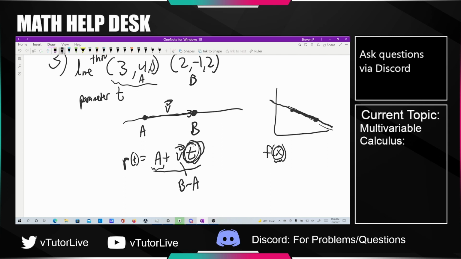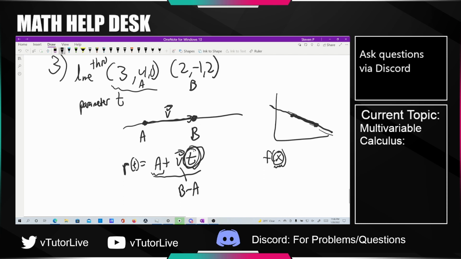Mm-hmm. Yeah, it's almost like one of those, I wouldn't necessarily call it convention, but it's sort of just understanding that what you're being asked to do, when it says find an equation, is to find a function that describes this.